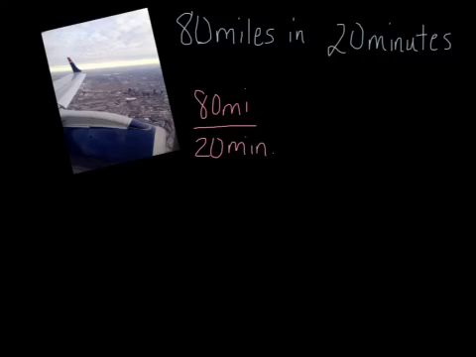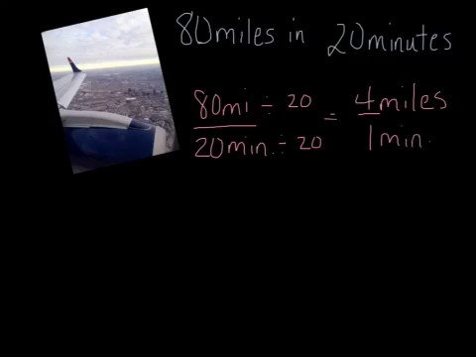Now, 80 and 20 have a common factor of 20, so we can actually go ahead and divide both of the numerator and the denominator by 20. And 80 divided by 20 is 4, and 20 divided by 20 is 1. So this plane actually travels 4 miles for every minute that it was going to Pittsburgh.